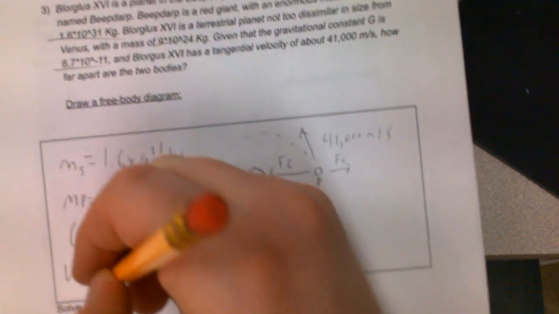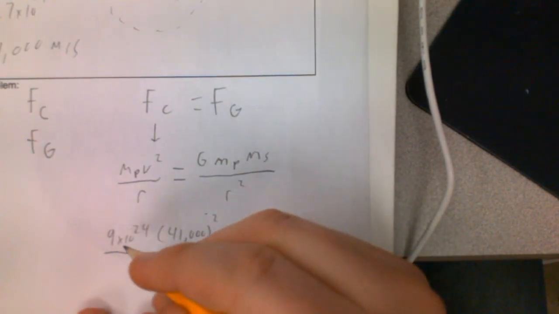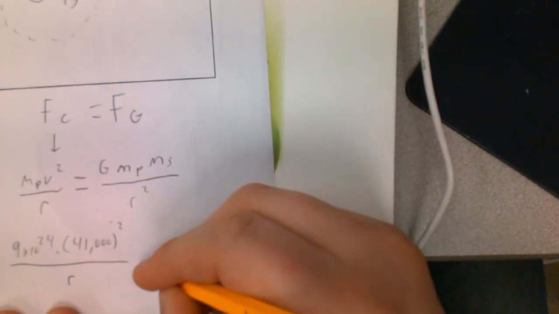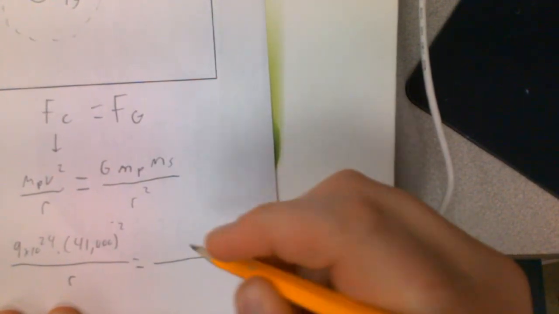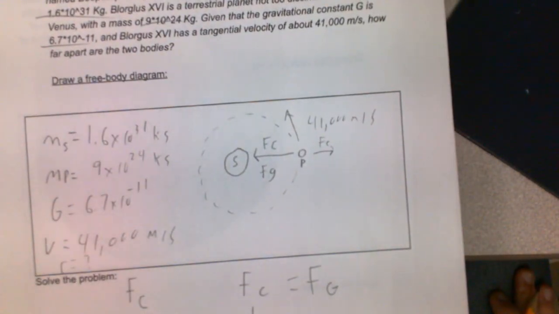We're looking for R. So then, 9 times 10 to the 24th times 41,000 squared divided by R, which we're looking for, equals capital G, which is 6.7 times 10 to the negative 11th power. Problem tells us that. It's also a constant on our equation sheet.